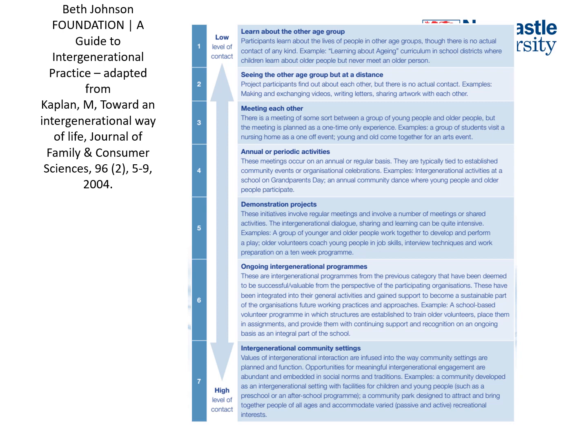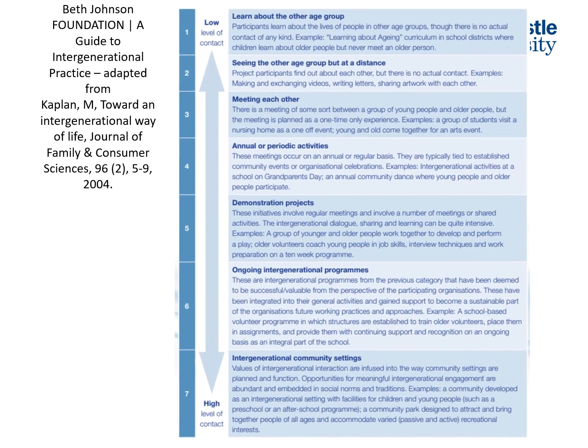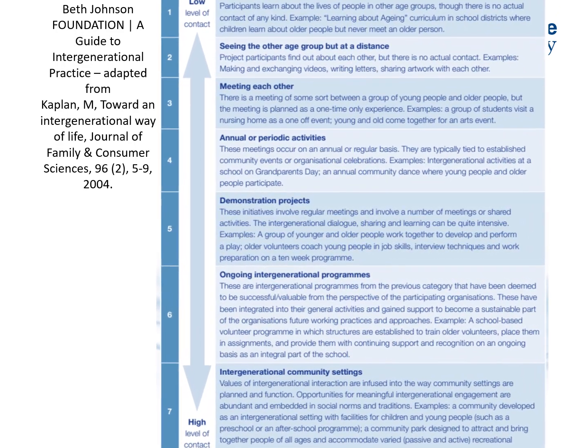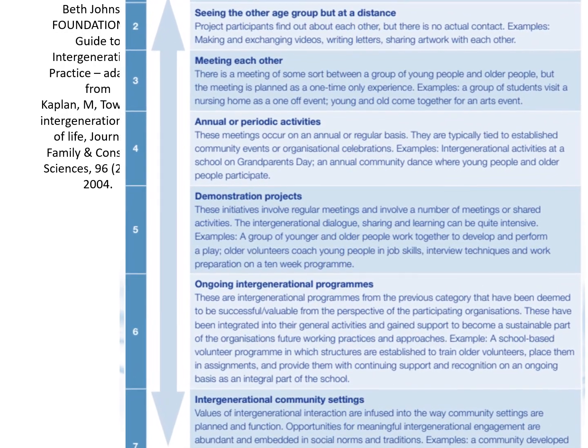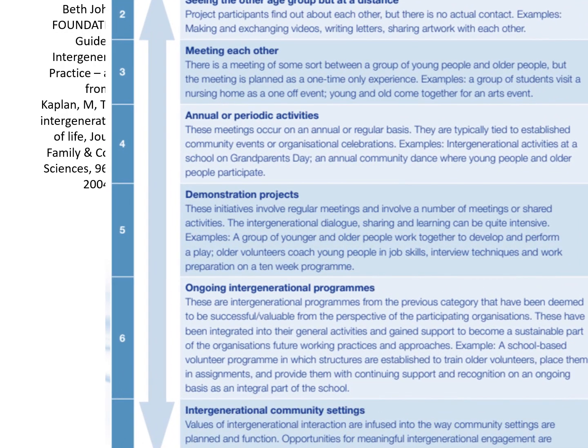So we've used Kaplan's different levels from level 1, where you're learning about an older or younger age group, through to level 7, where intergenerational practice is embedded within community settings. And this is the different categories we've used to group and code our intergenerational intervention studies.